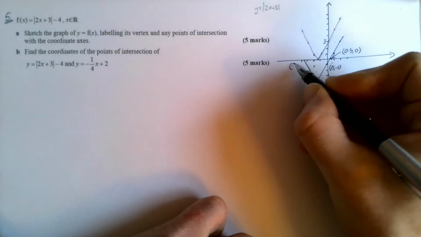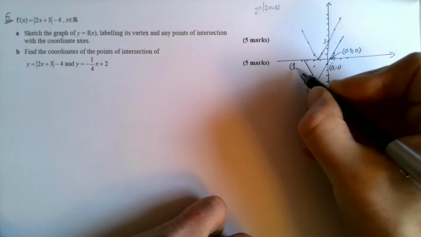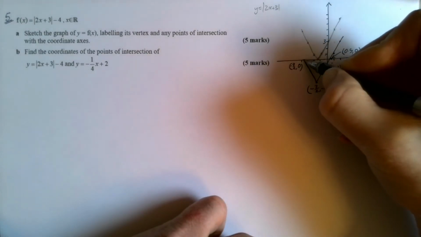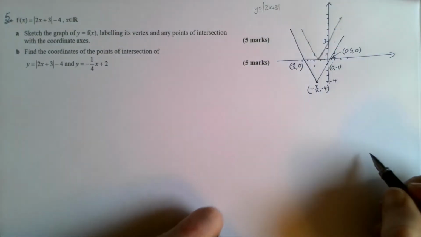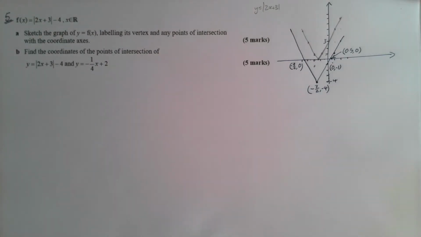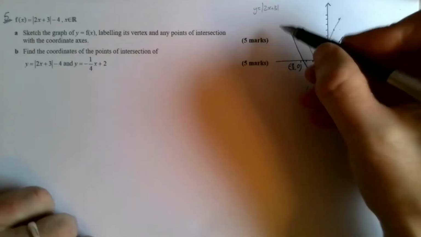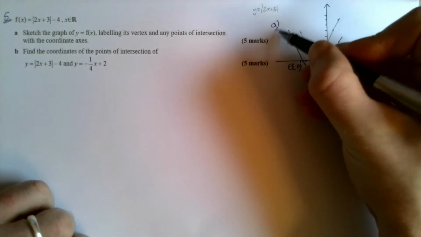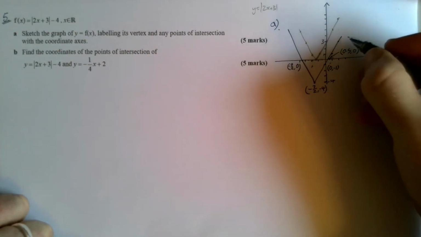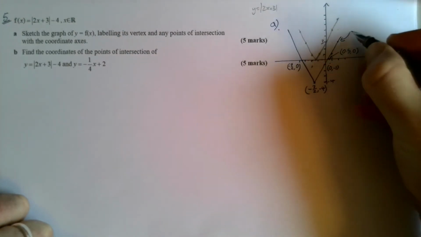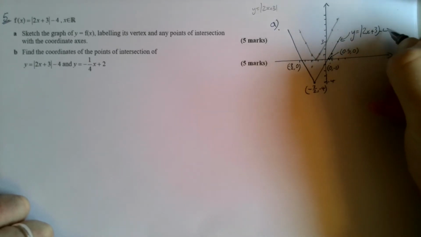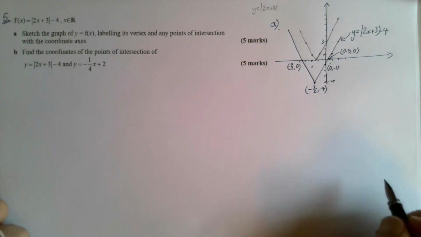So -3.5, which is -7/2, but you can write -3.5 if you want. 0 as well, you need there. So that gets you your full 5 marks. And that is part A done. You can rub out that bit if you like. Oh, it's probably important to label that as being y equals 2x plus 3 take 4, so it's clear which one you want them to look at.